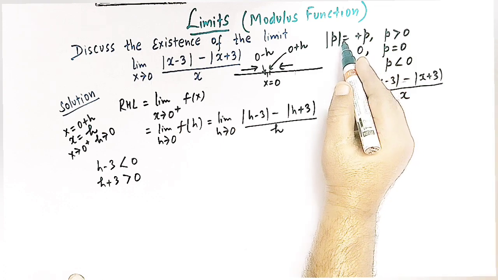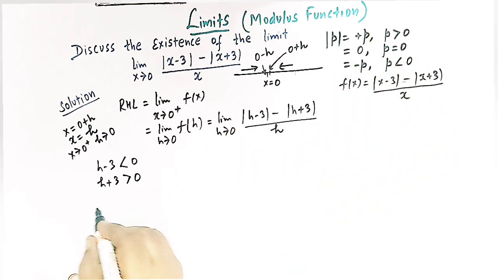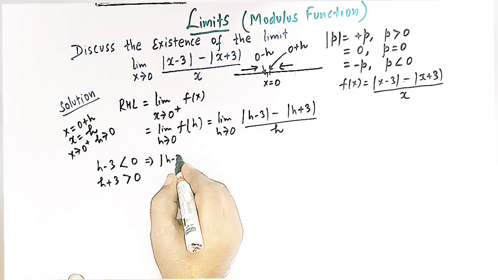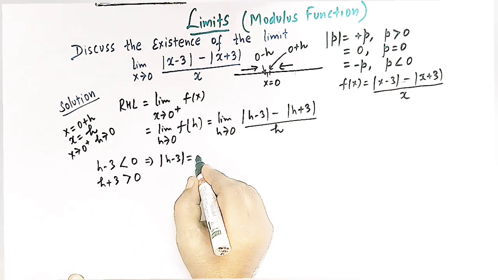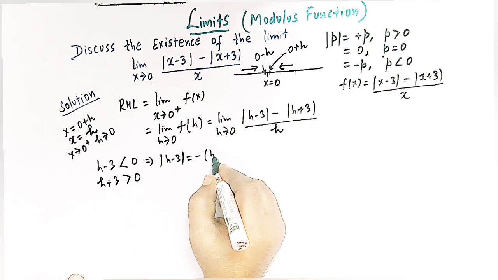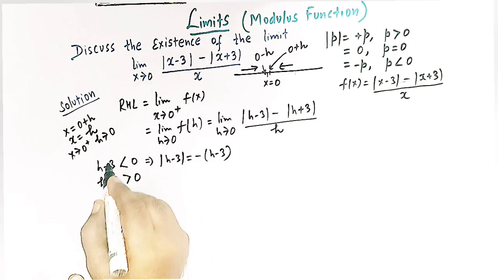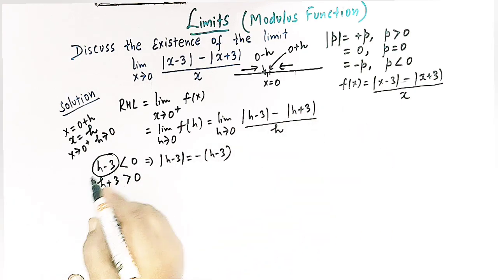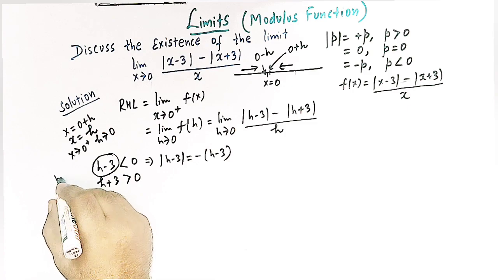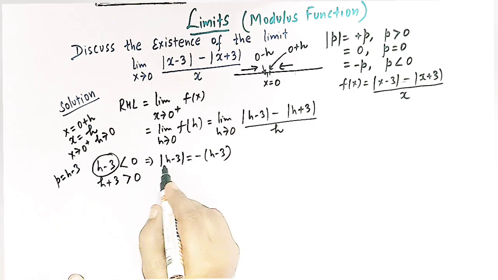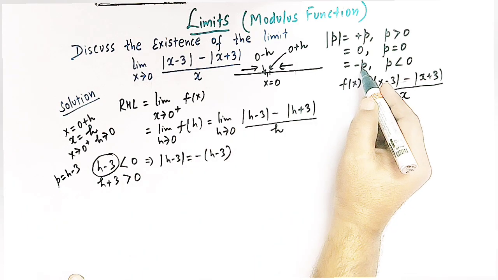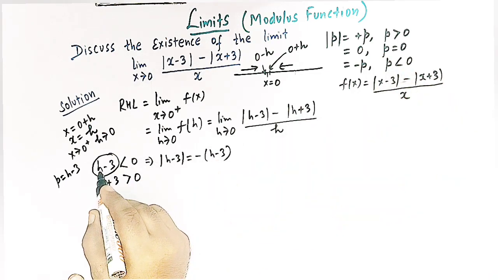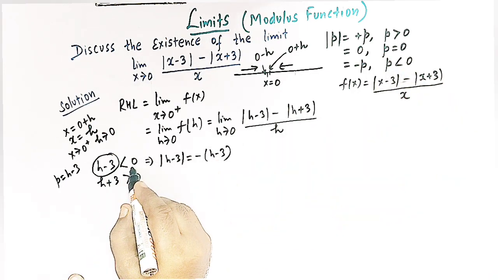So from the definition of the mod function, now we can write from here mod of h minus 3 is equal to a negative of h minus 3, because if we take h minus 3 as p, then mod of p is equal to a negative p when p is less than 0. So here h minus 3 is less than 0.